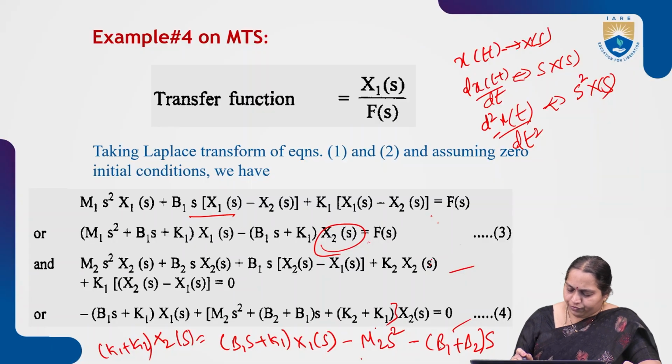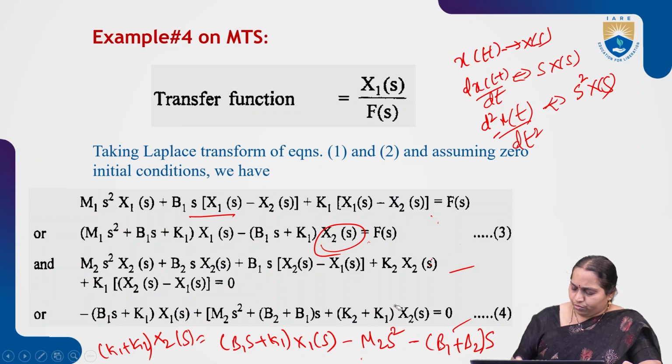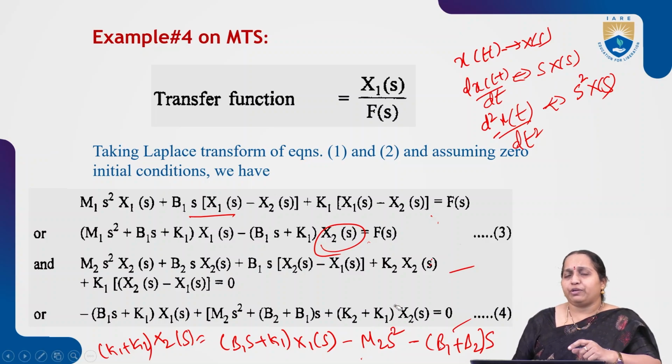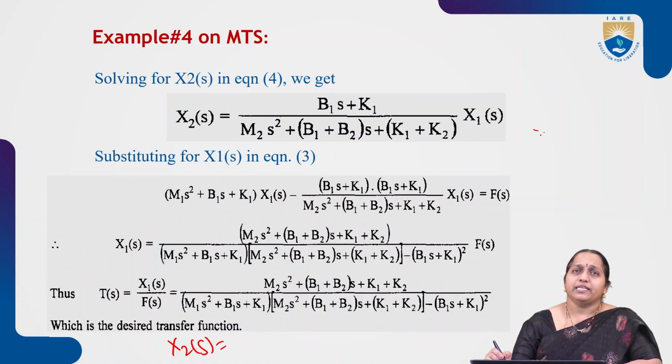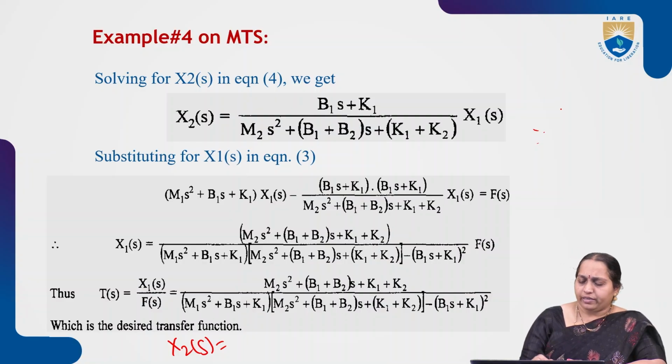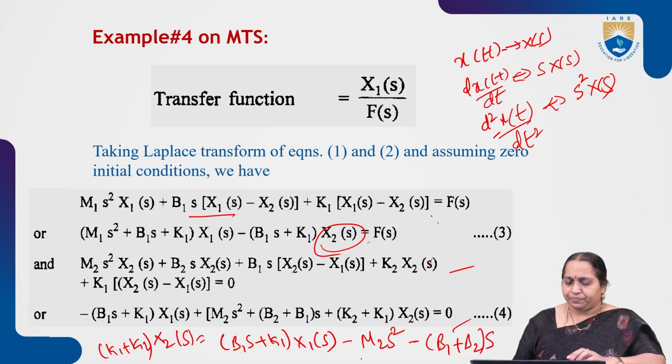So rearranging the terms from equation 4, you write expression for x2 of s, then substitute this x2 of s in equation 3. Just replacing this x2 of s in equation 3, see here.